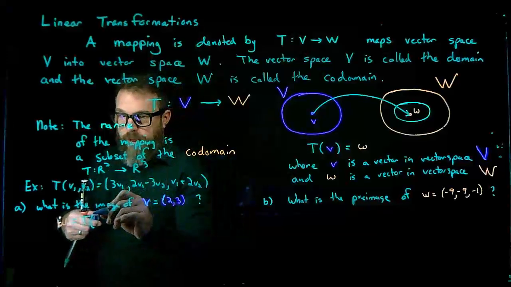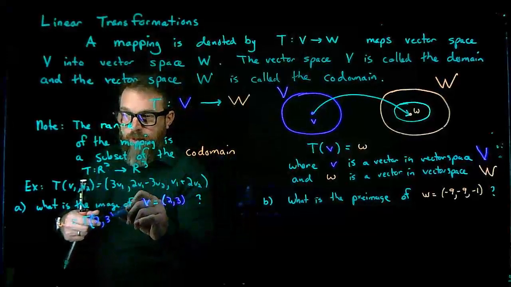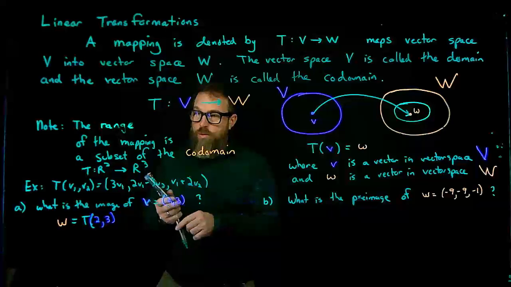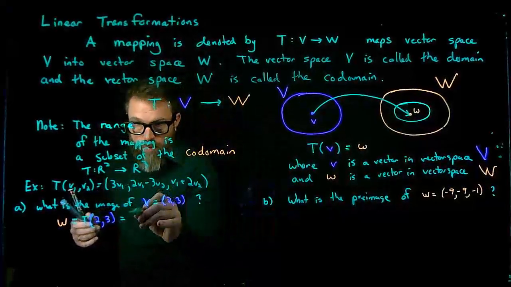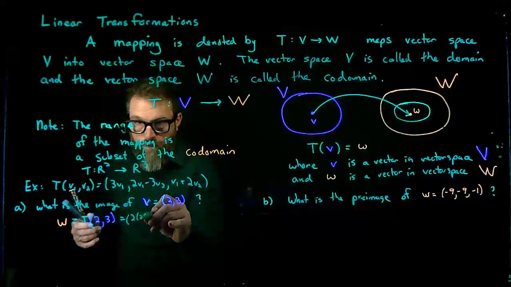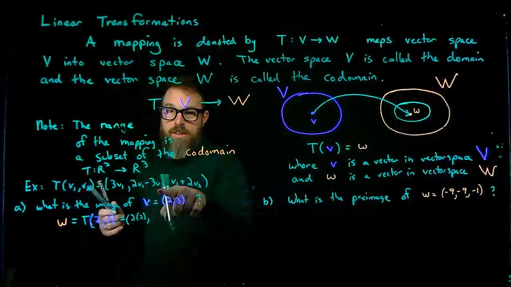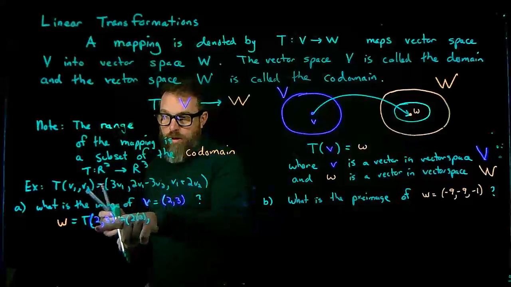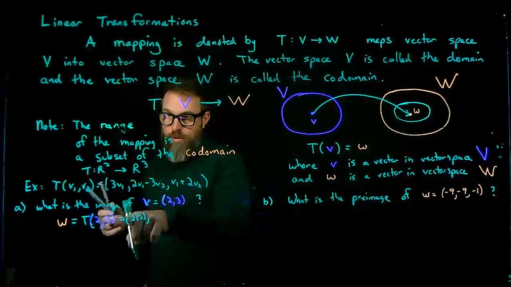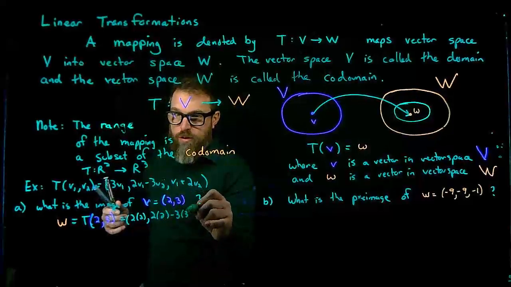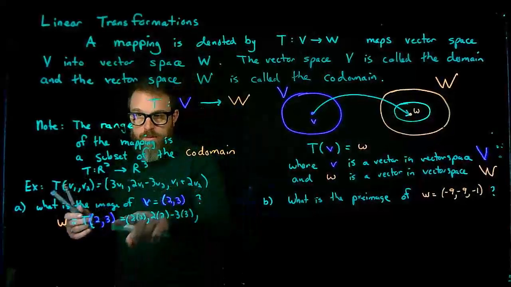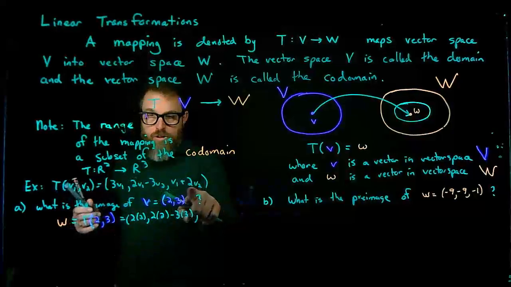Remember, the mapping rule says it's going to be equal to 3v1, so the first component is 3 of the first piece. The second component is 2v1 minus 3v2. And finally the third component is v1 plus 2v2.